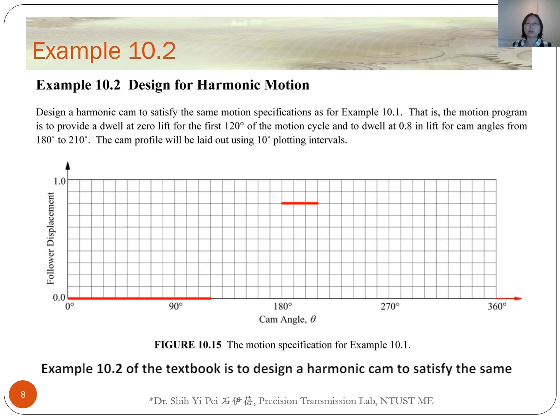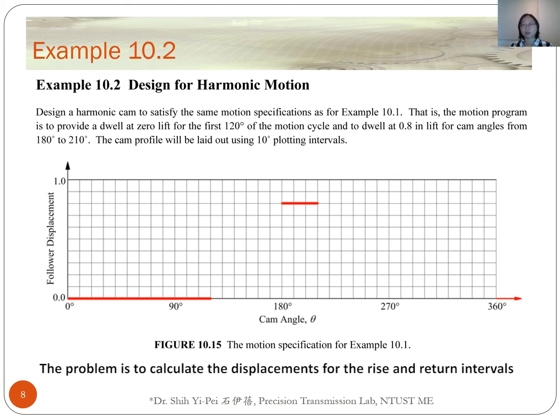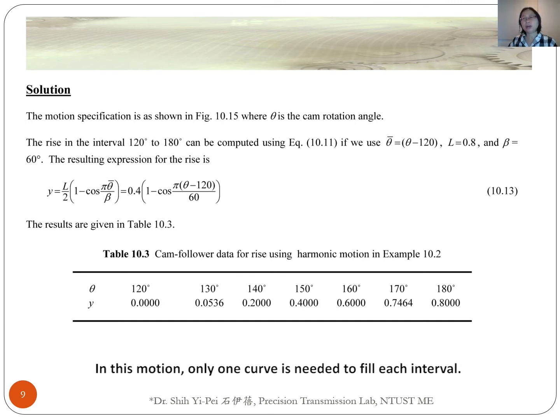Example 10.2 of the textbook is to design a harmonic cam to satisfy the same specifications as for example 10.1. The problem is to calculate the displacements for the rise and return intervals using harmonic motion. In this motion, only one curve is needed to fill each interval. The rise in the interval 120 degrees to 180 degrees can be computed using equation 10.11.